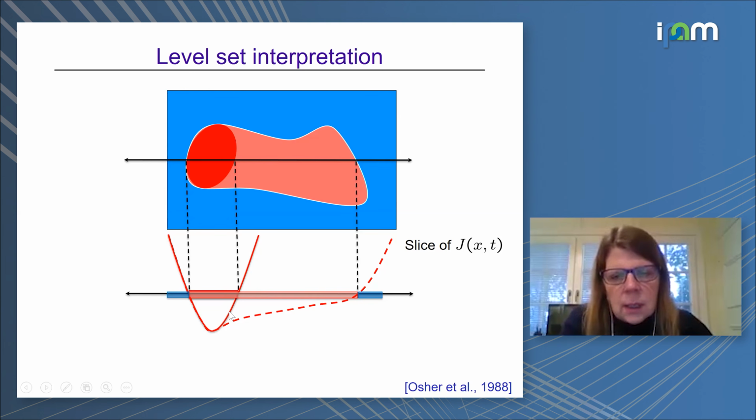So at time t, where t is less than 0, that slice of J of x,t may look like this, for example. Then we look at its sub-zero level sets, and we get this set expanding out at this point, but frozen on this side, as we talked about.